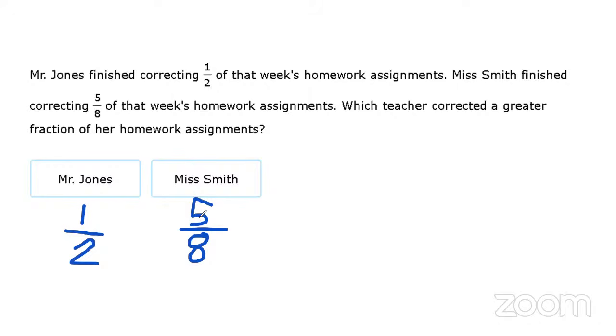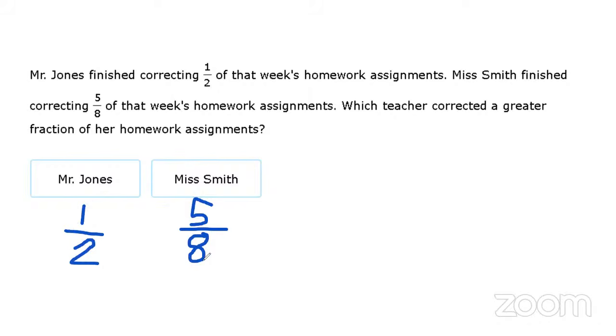So we first have to ensure that we make equivalent fractions, so we have the same equal parts for each fraction. In order to represent half using 8 equal parts, we have to see what equivalent fraction we can get for a half with the denominator 8.